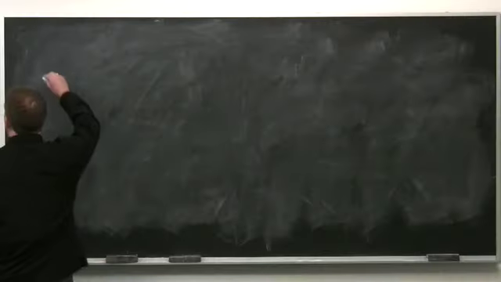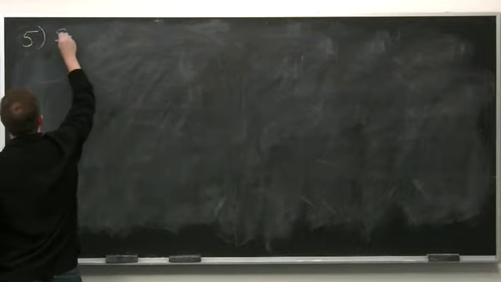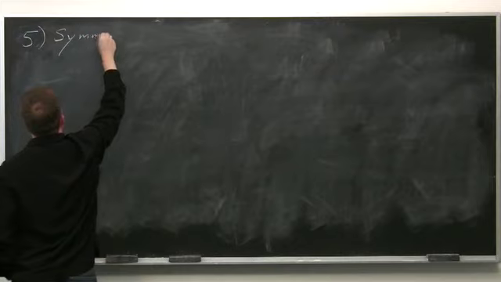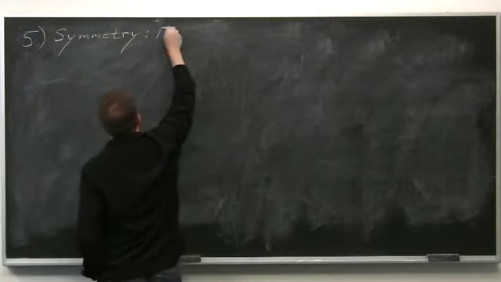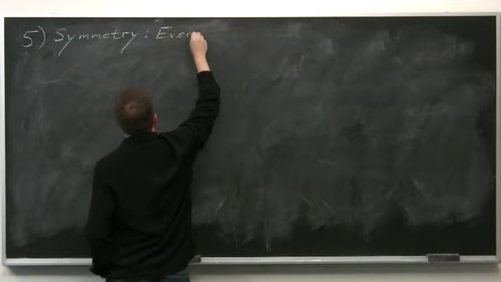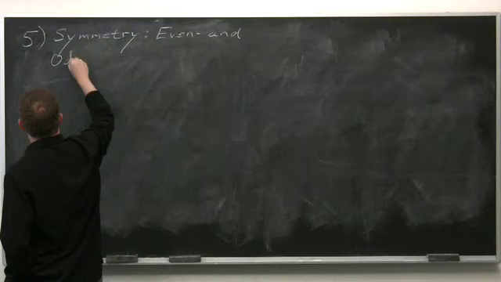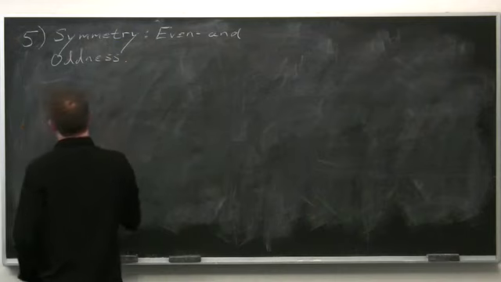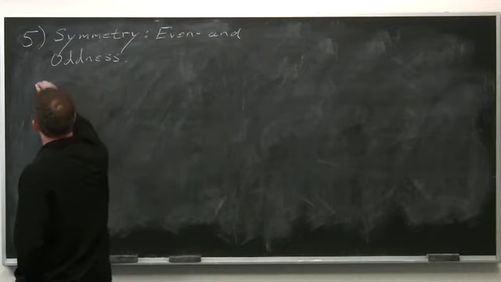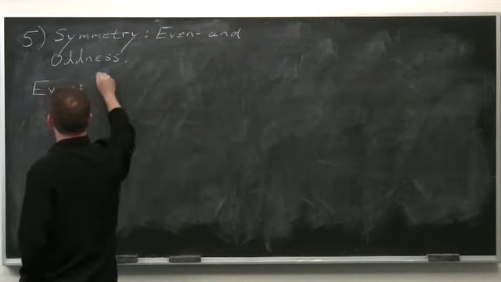The fifth thing we'd like to look at is symmetry. This is even and oddness. Even functions. F is even, and this again is something you should have seen.